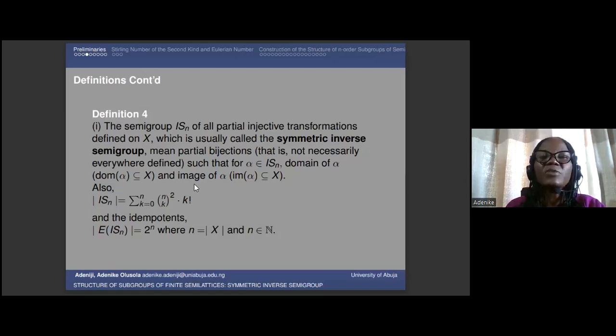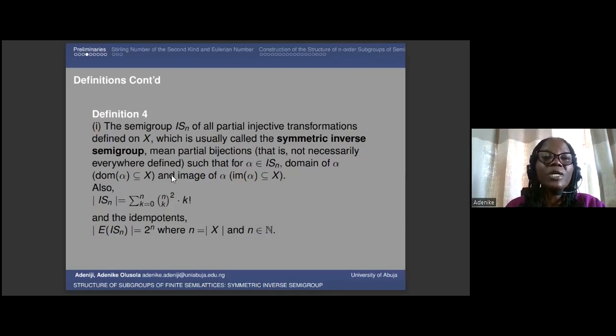But partial transformation semigroup is like a mother to all the semigroups you, at least for now, can talk about. So the partial one-to-one transformation semigroup is also known as partial injective transformation semigroup. And the usual name for it is symmetric inverse semigroup. And it means partial bijections.